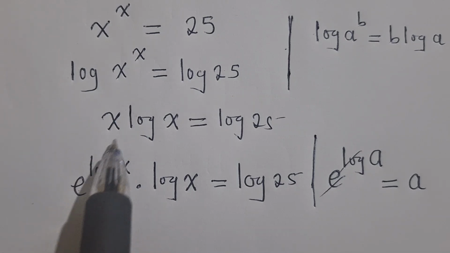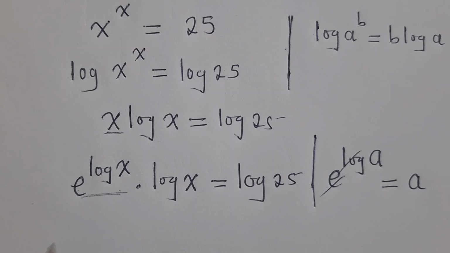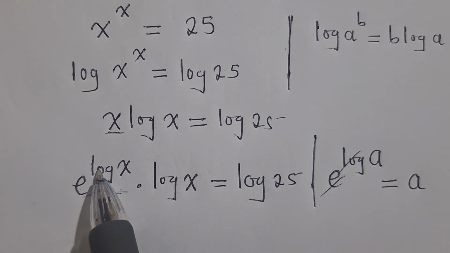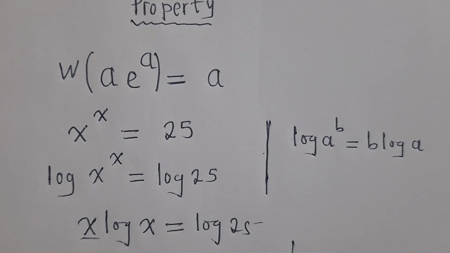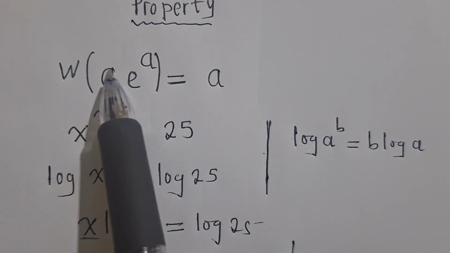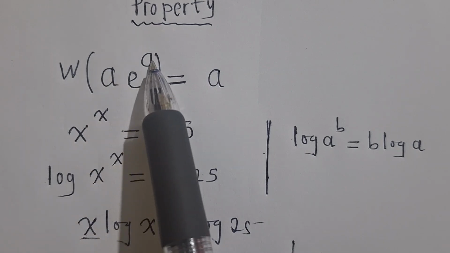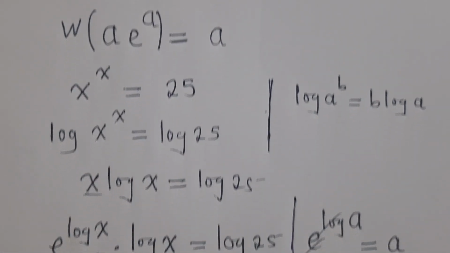What we have here is the same as what we have here. The reason I've introduced this is because the property entails that the base and the power right here must be the same.